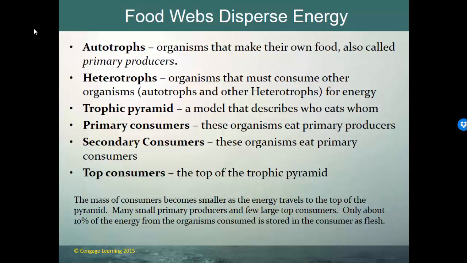Secondary consumers, up the trophic pyramid, and there are fewer of them, eat primary consumers, and the top consumers eat those secondary consumers. The mass of consumers becomes smaller as the energy travels to the top of the pyramid. Many smaller primary producers and few large top consumers. Now, only about 10% of the energy from the organisms consumed is stored in the consumer as flesh.